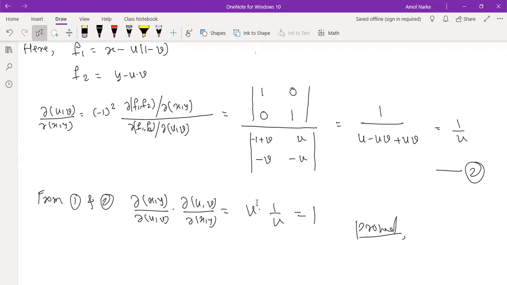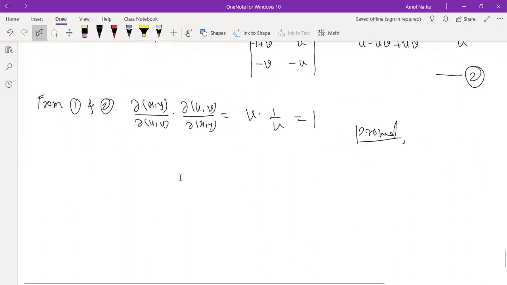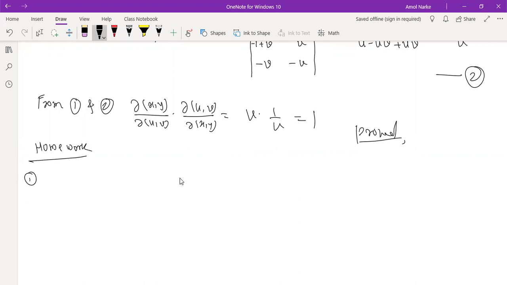So I will give you some examples as homework. Try to solve them and we will stop here. So write down the homework example. Any doubts up to this? No, sir. Okay.